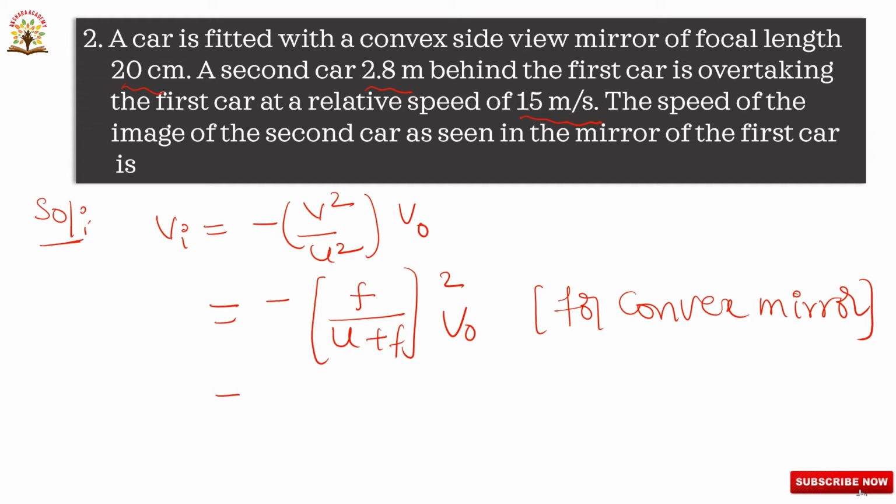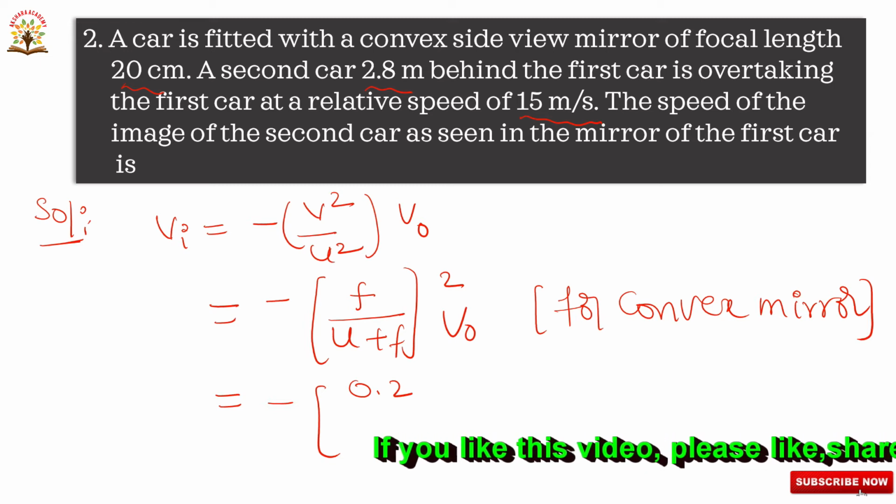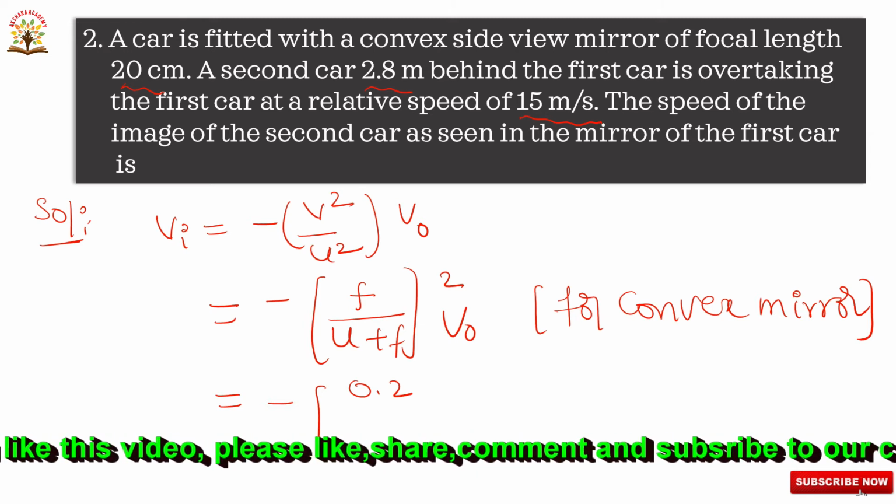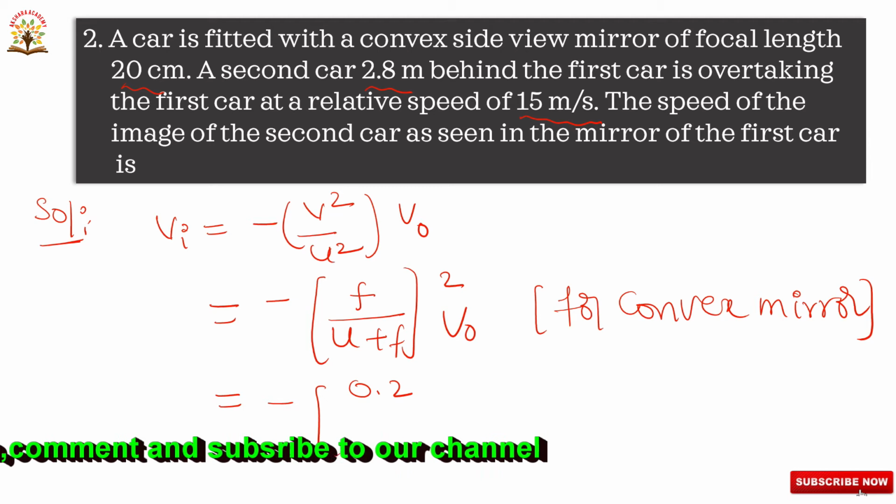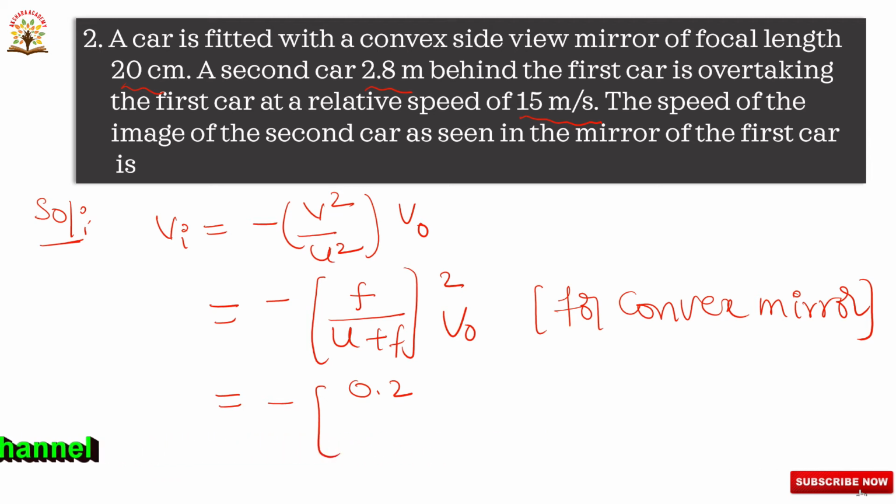Now substituting the values, f they have given as 0.2. Here they have given a convex side view mirror of focal length 20 centimeters, converting into meters, 0.2 meters, by u they have given as 2.8 meters plus 0.2, into v naught, which they have given as a speed of 15 meters per second.